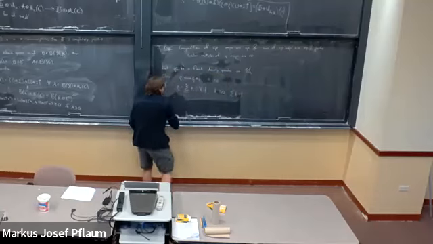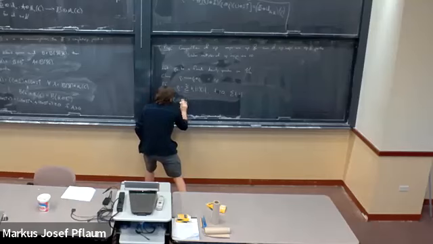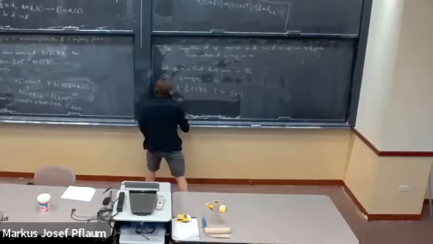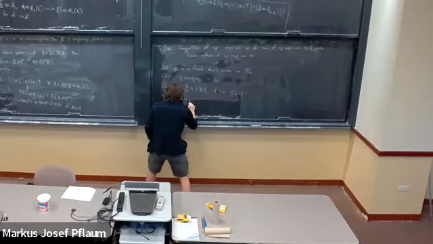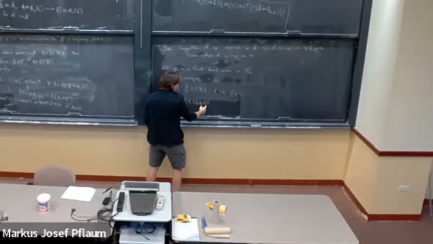Now this map can be written in terms of partial bras and partial kets. So rho naught tensor rho 1 is exactly the sum from i equals 1 to n of t_i times the partial ket |i>, then rho 1, then the partial bra <i|, where these are now partial bras and partial kets.